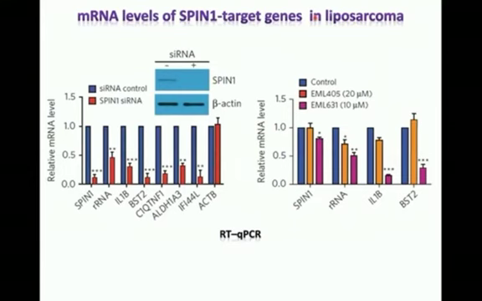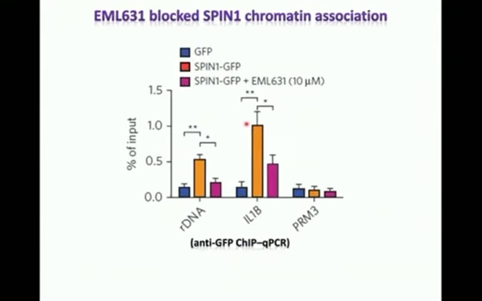Okay. So, does 631 block SPIN1 chromatin association? We need to prove that SPIN1 cannot bind in vivo on the DNA, on the signal, with the inhibitor.